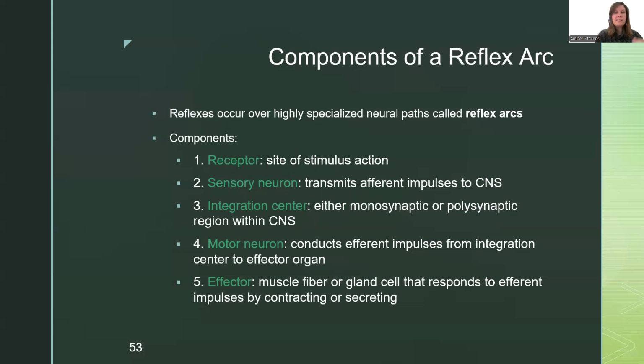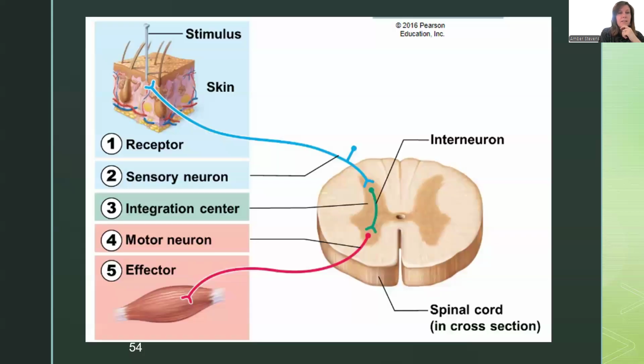Your motor neurons send the response instructions. And then your effector executes the response, like muscle movement. Here is just a diagram of exactly what we talked about in that last slide, how that works.